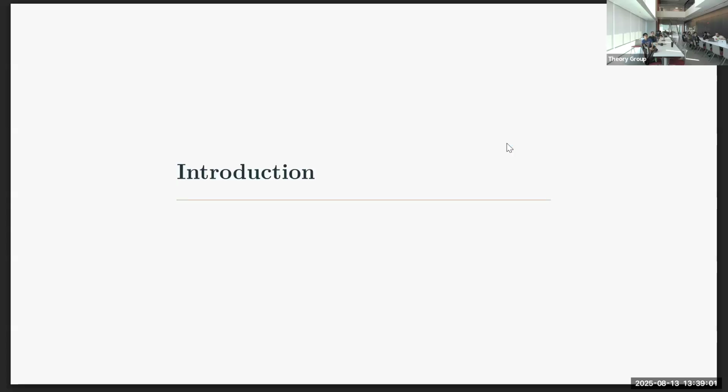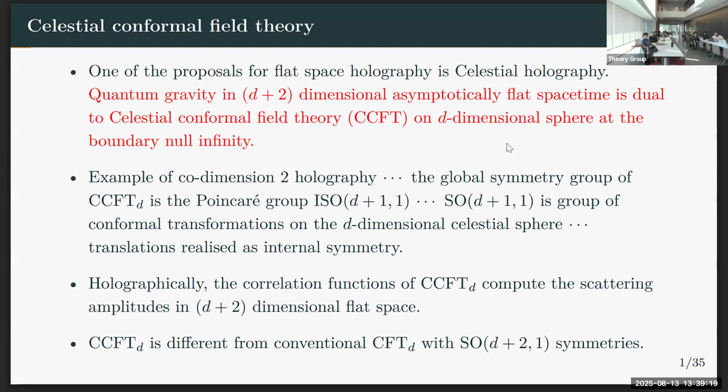Okay, before going into the specifics of my talk, I would just like to introduce you to the topic a little bit, and give a general overview of what celestial holography is. These will be very general slides without any technical stuff. So celestial conformal field theory has become one of the leading candidates for flat space holography.